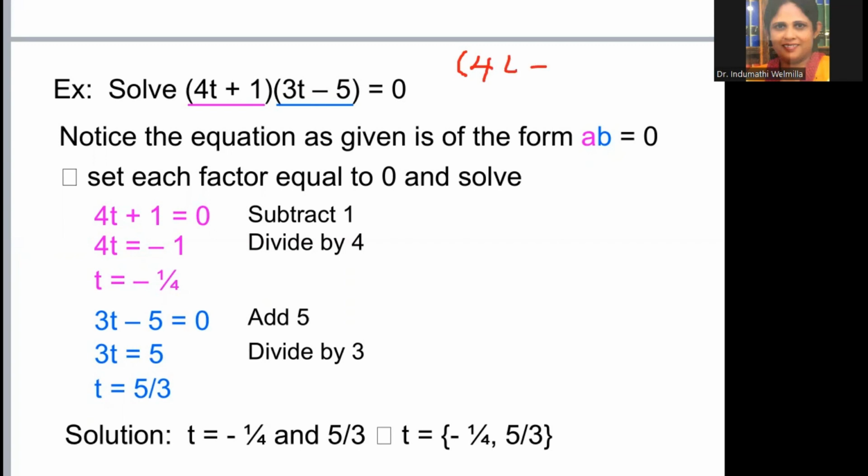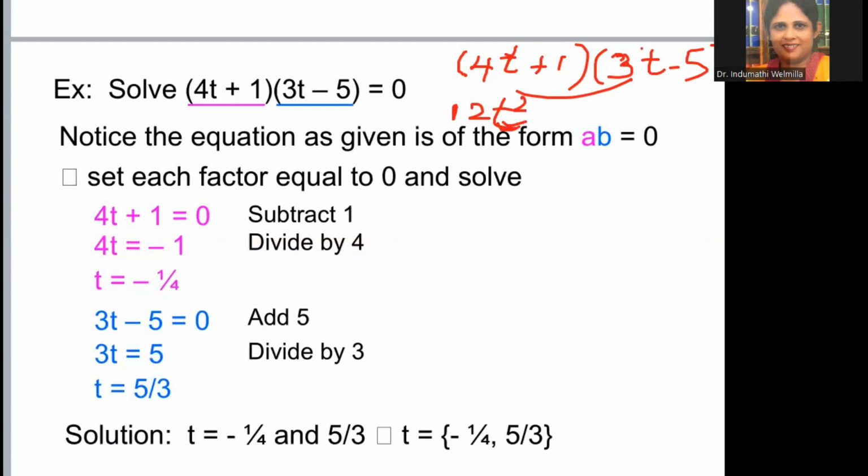4t plus 1 and 3t minus 5. When we multiply these two together, we get 12t squared.